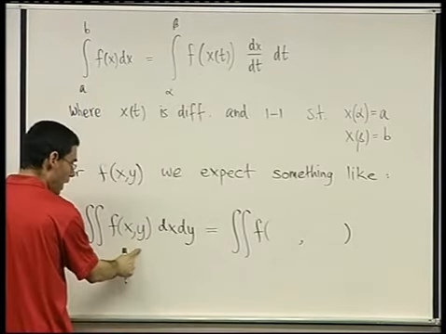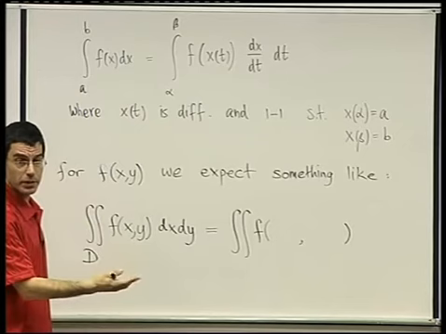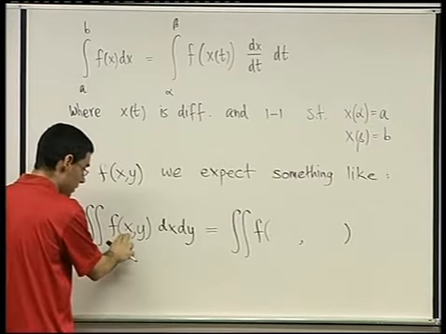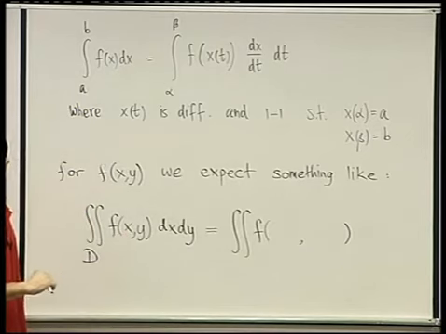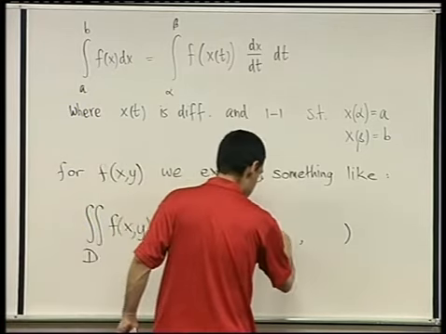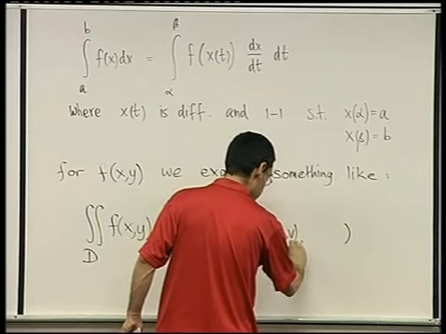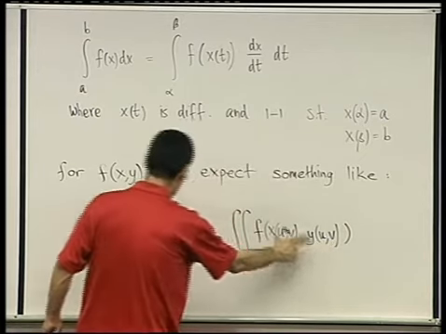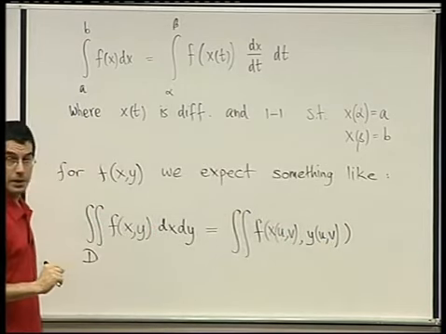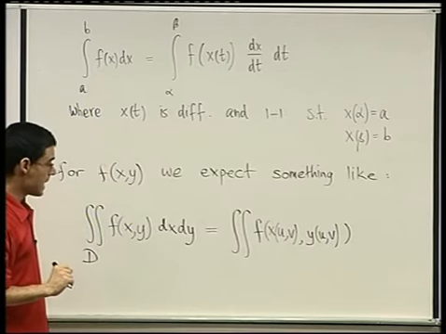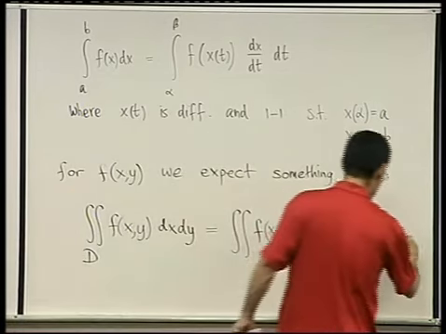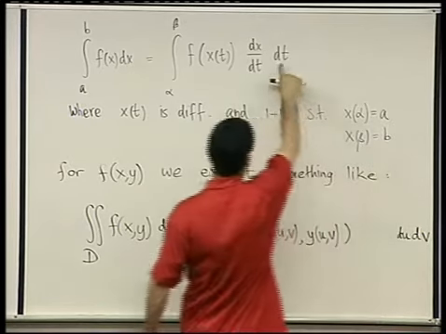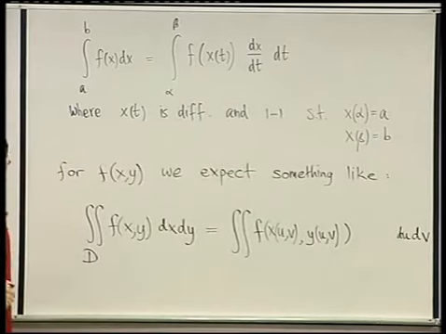Here there are x and y, so there are going to be two new variables, and we're going to call them u and v. Okay? So each coordinate is now going to be replaced by a function of u and v. So we're going to have here x of u and v and y of u and v. These are the two functions that replace x and y. Okay? And then down here, we're going to have du dv instead of just dt, right?